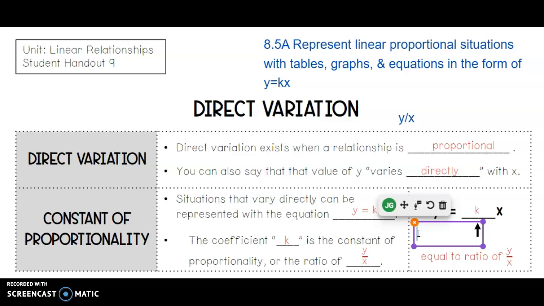But instead of using an m, they are wanting you to use a k because it is for a proportional relationship with a constant rate of change. So this ratio is going to be y over x, and you'll get the same number every time. So let's scroll on down and practice some problems.